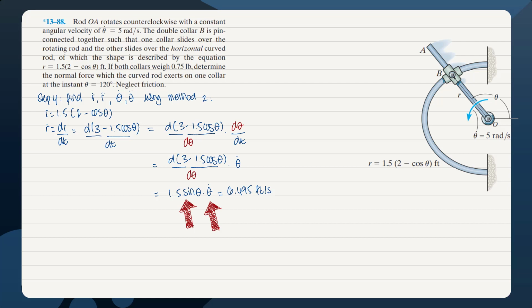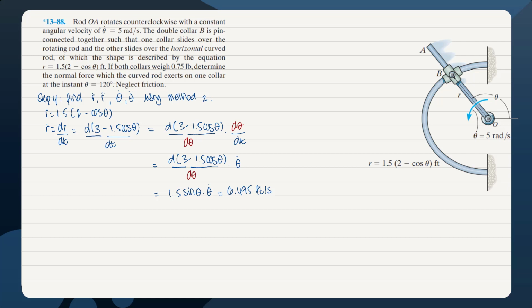And so this is the expression of r dot in terms of theta and theta dot. We were able to apply the chain rule once to get an expression of r dot. If we want to get the actual value of r dot at the specific instant theta is equal to 120, we simply need to replace theta by 120 and theta dot by 5. And so we'll end up with r dot is equal to 6.495 feet per second.